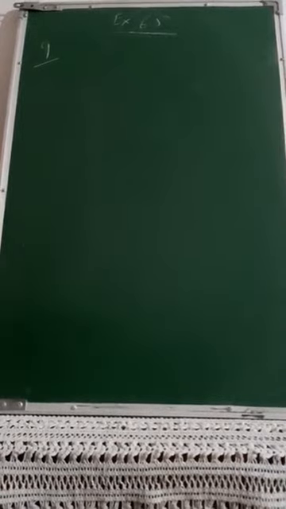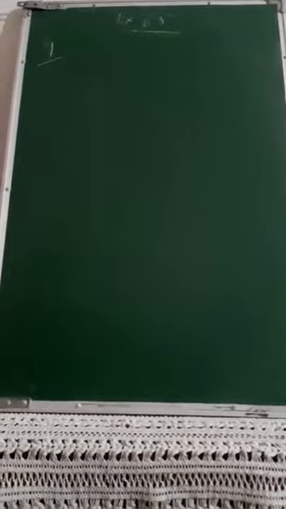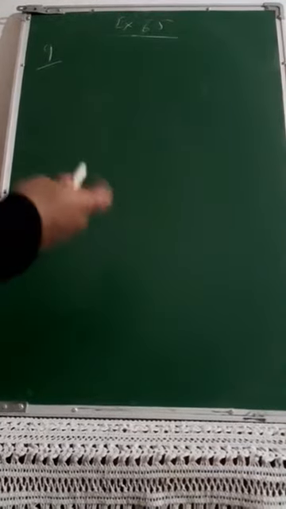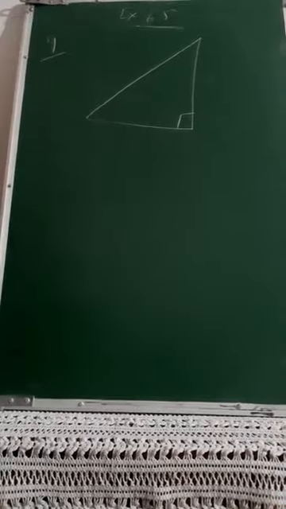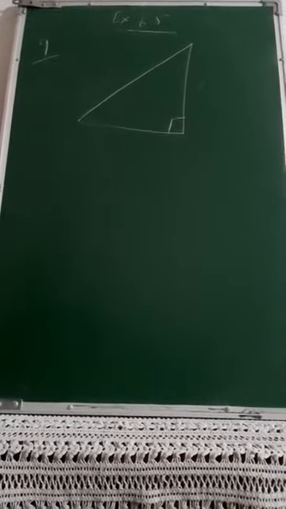Question is, a ladder 10 meter long reaches a window 8 meter above the ground. Find the distance of the foot of the ladder from the base of the wall. So now this is the ground, this is the wall, this is the ladder. So wall is standing at an angle of 90 degrees with respect to the ground.